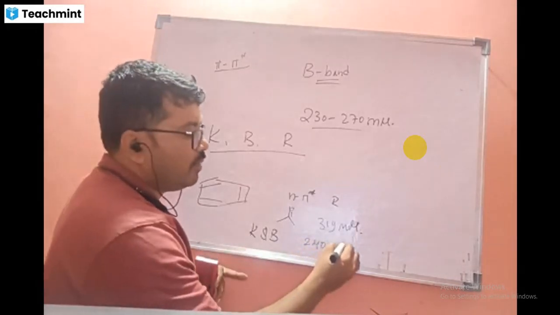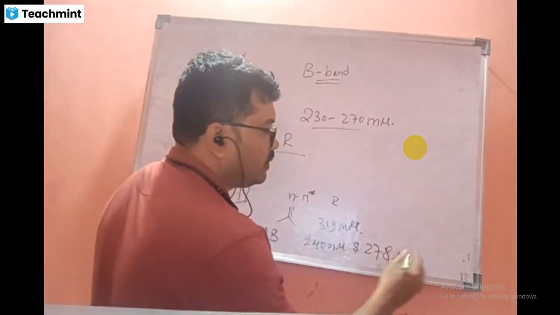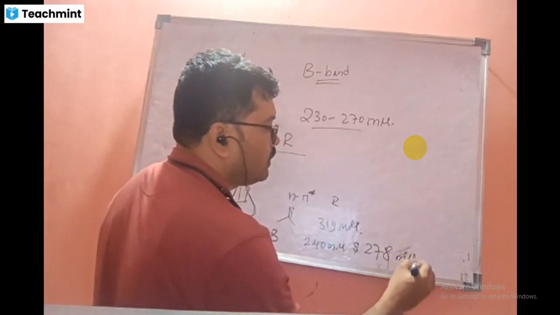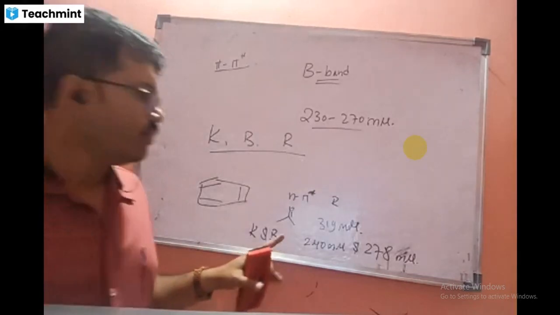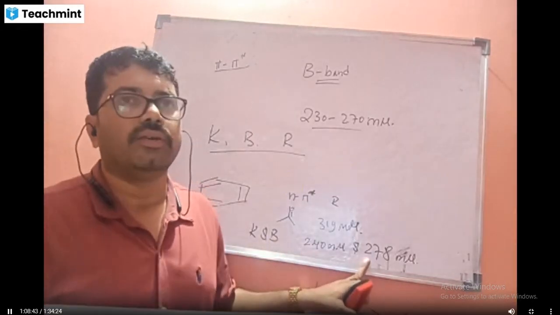The K band is at 240 millimicron and the B band at 278 millimicron respectively.